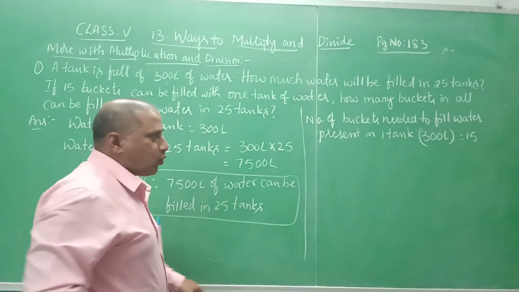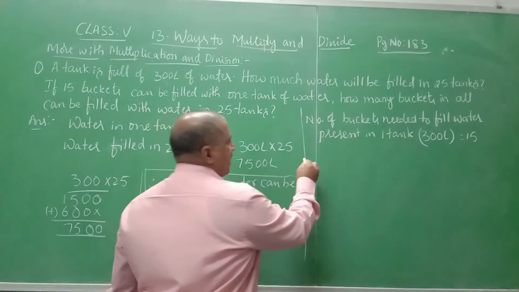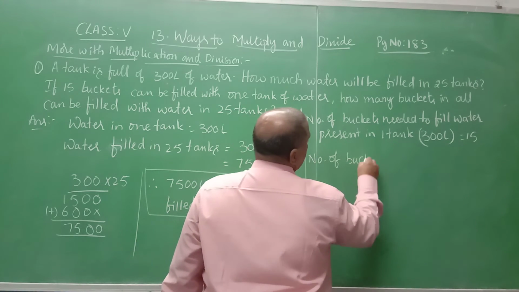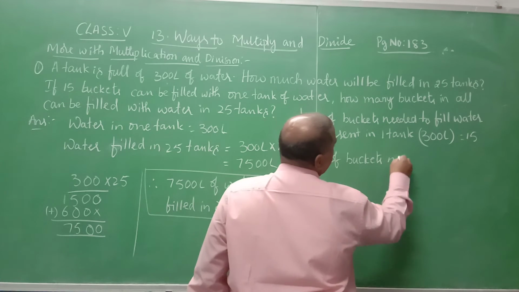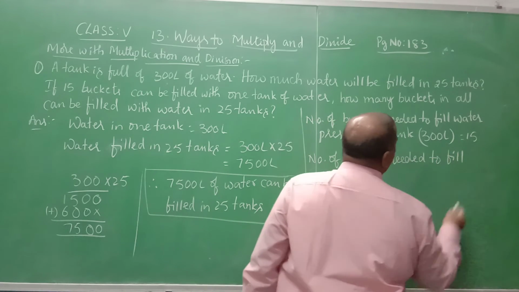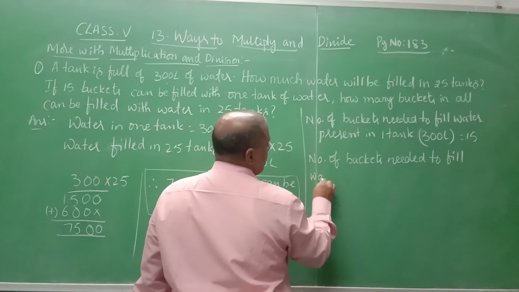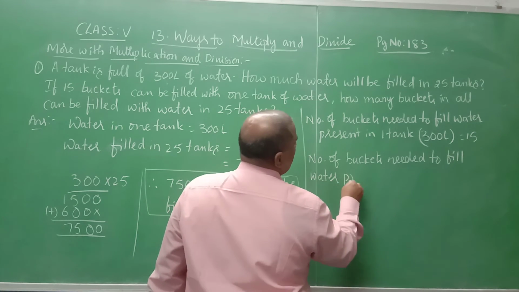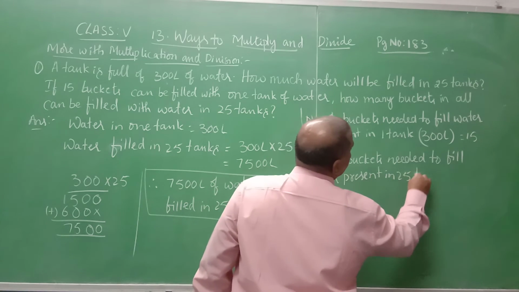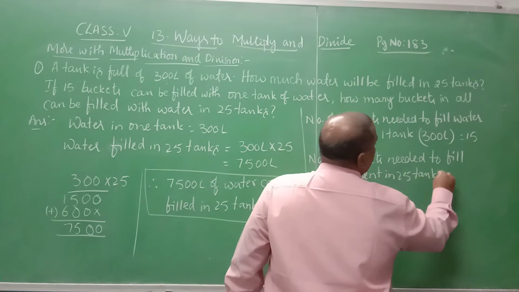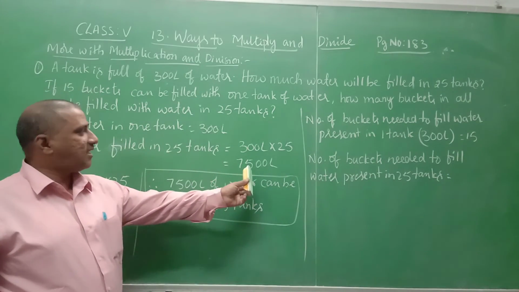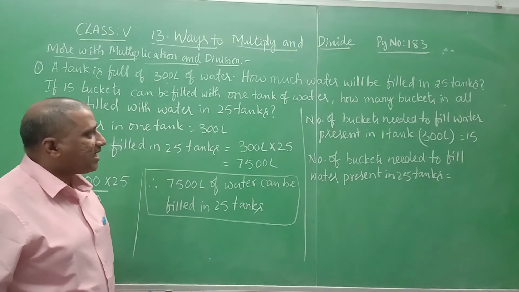Now the number of buckets needed to fill the water present in 25 tanks. 25 tanks, how much water is there? 7,500 liters.